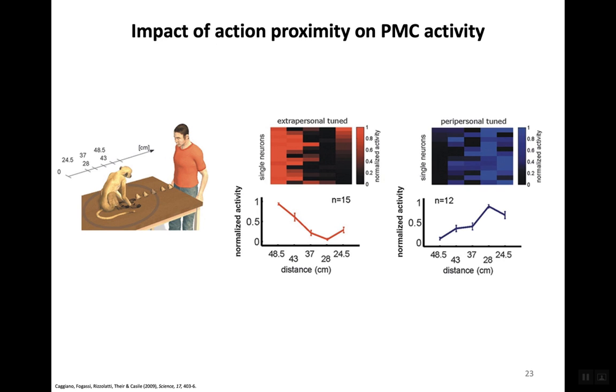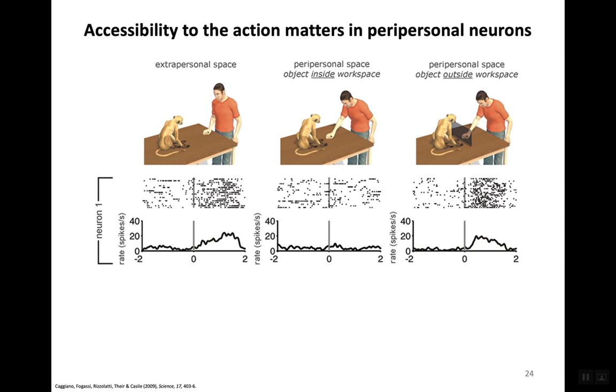Okay, but really the clever part of this experiment came when the experimenters decided to manipulate space, in the sense that peripersonal space can be transformed into extrapersonal space through the inclusion of a divider.